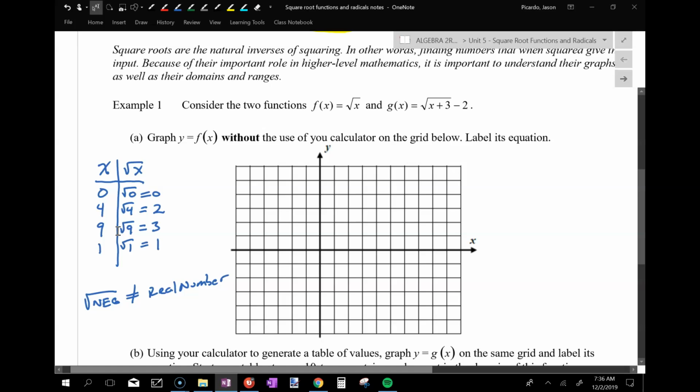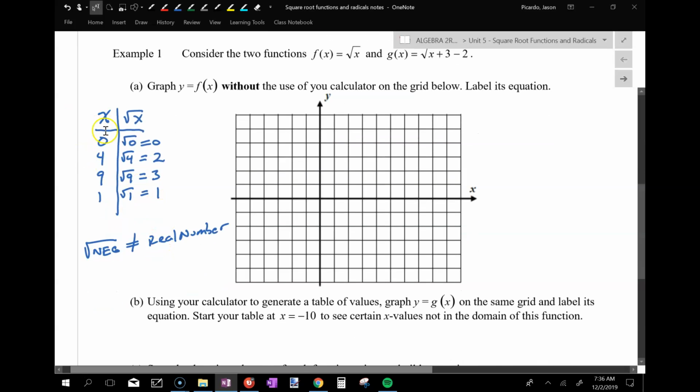So that's why. Does that make sense? Okay, so I got some points to graph. (0, 0), (4, 2), (9, 3), (1, 1). And that's that, right? That's the graph that we just created.